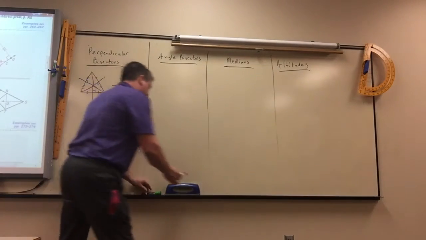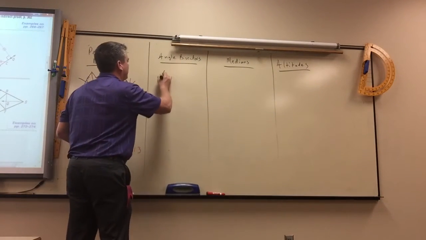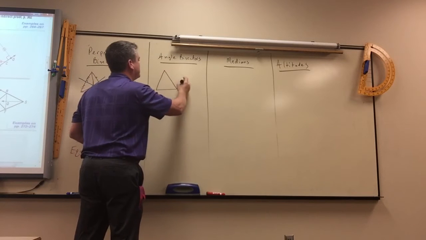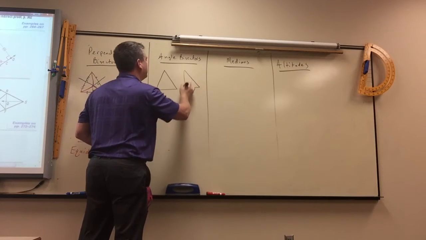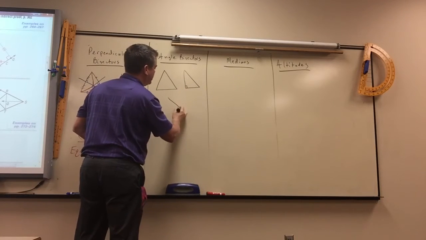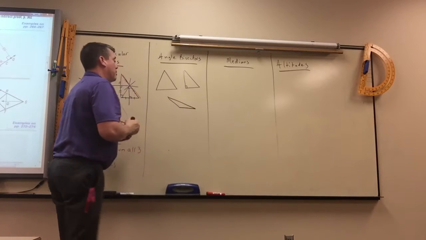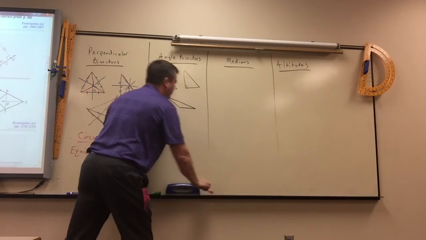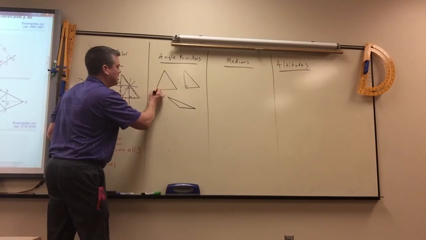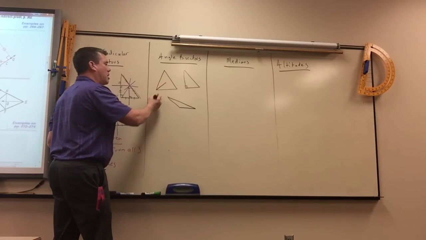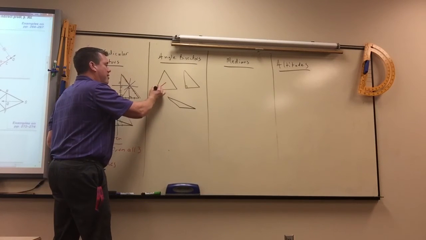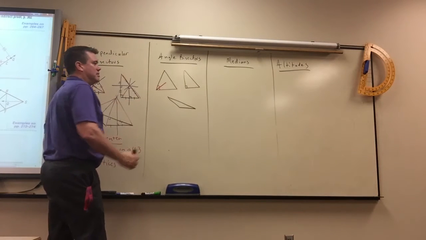The angle bisectors. It really doesn't matter if it's acute, right, or obtuse. They will always intersect inside. But remember, when you're showing the angle bisectors, you draw a line that cuts it about in half as close as you can, and then show that it's bisected.